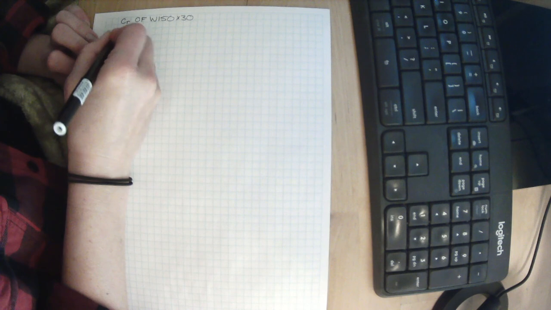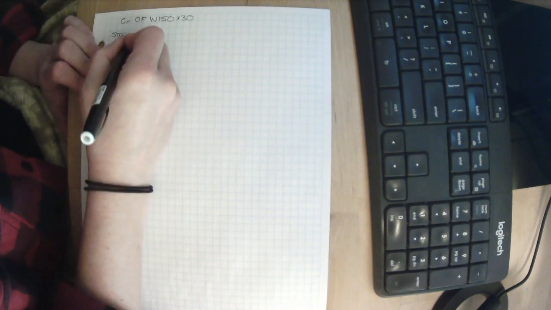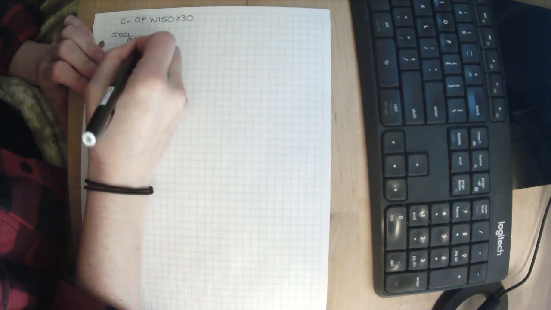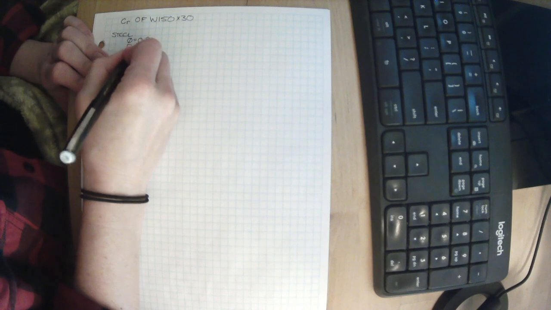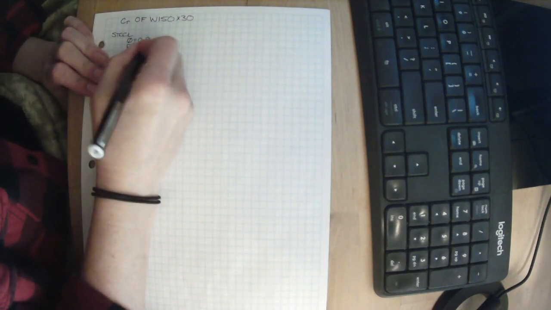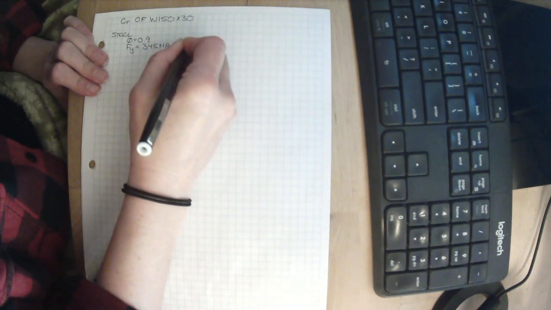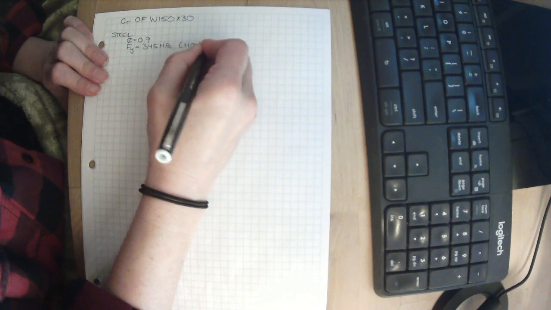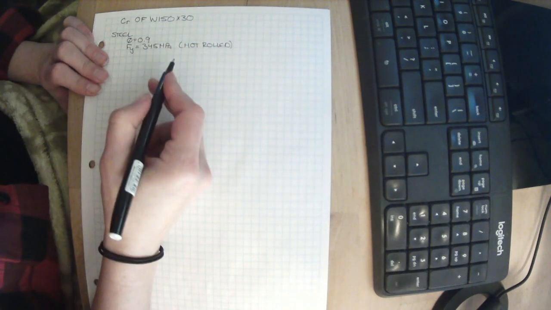A lot of this is exactly the same as what we wrote out the last time. Our reduction factor hasn't changed. Fy has changed. It is 345 MPa because it's hot rolled. So that's the only reason this is different.